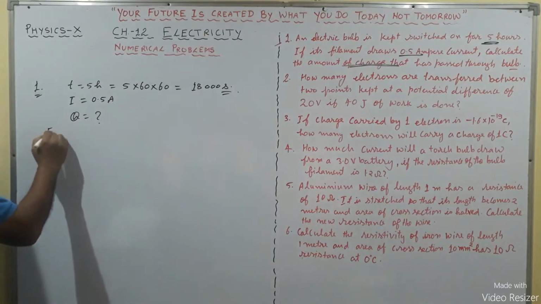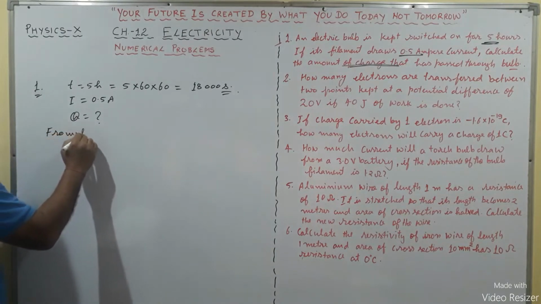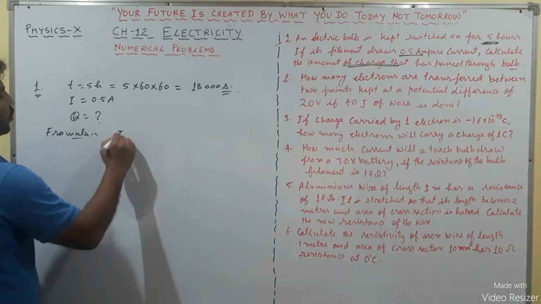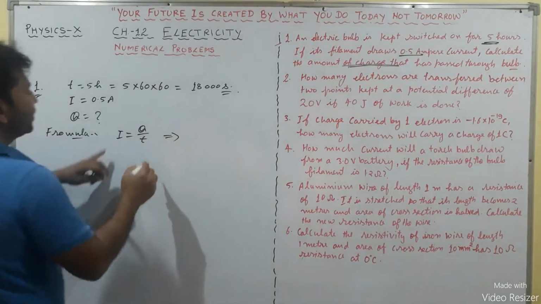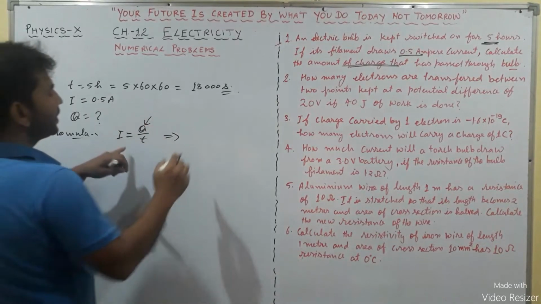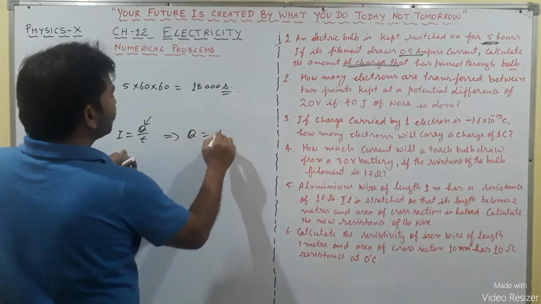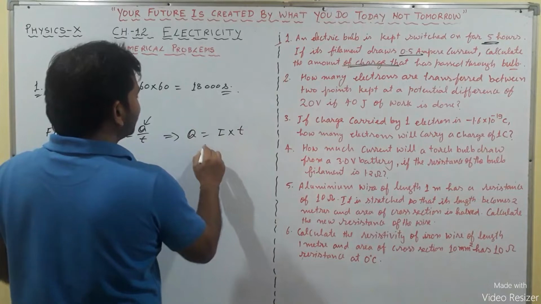And the formula required is the formula of current, and we need to calculate the electric charge, that is Q equals I into T.